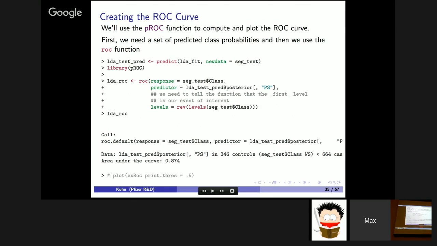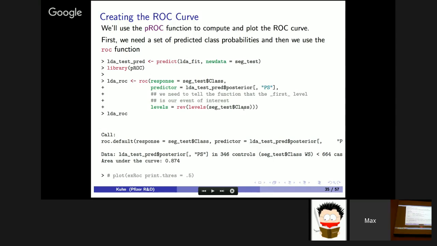Now, one thing that's inconsistent across different R packages is, if you have a factor, is the first factor level really the event or the second? I tend to think it's the first, but some other packages, and even things like GLM, treat the second level of a factor as being the event of interest. In our case, the factor levels for this class variable are PS and then WS.